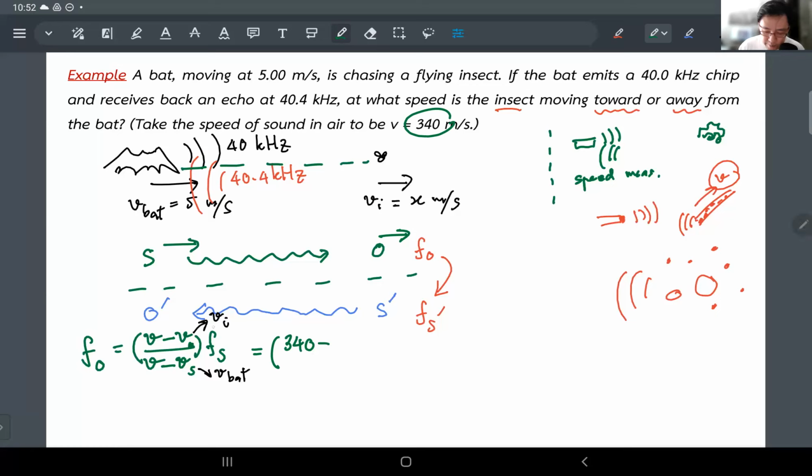So minus the speed of the insect, this is X. Over the bottom, 340 minus the speed of the source, which is 5. And the frequency of the source right now is 40 kilohertz. It's up here, right there. That is the first half of the calculation. Okay, cool.